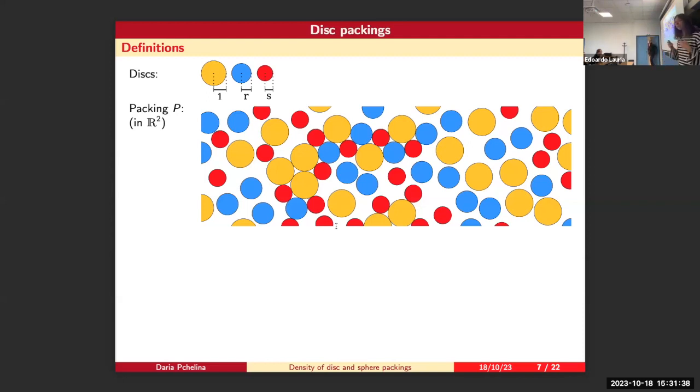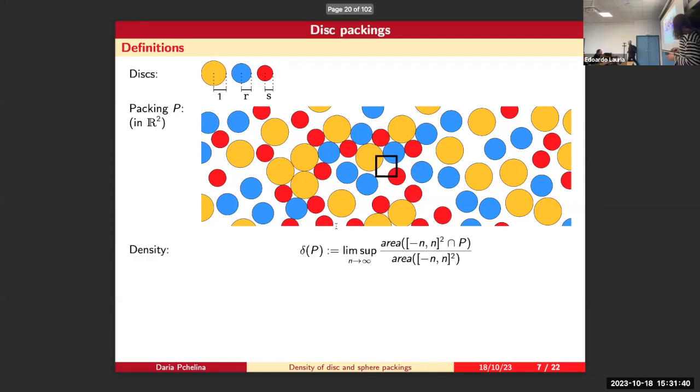We are interested in the density of packings. To define the density of a packing of the plane, we first define the density of a square, which is just the ratio of this square covered by disks. Then, taking the limit of densities of larger and larger squares, we obtain the density of the whole packing.